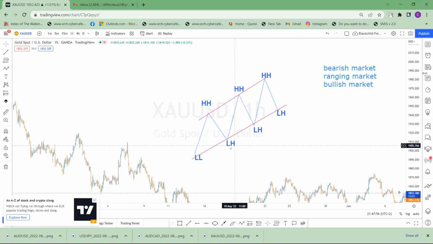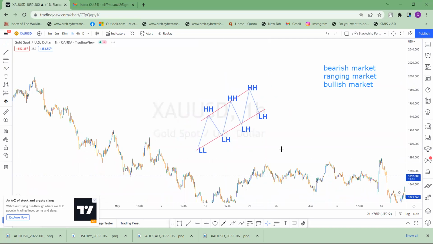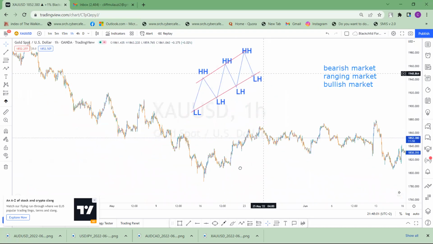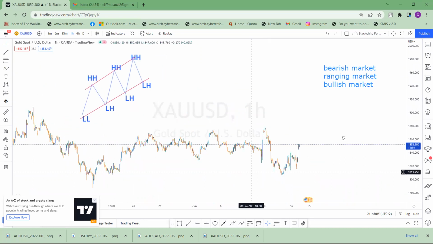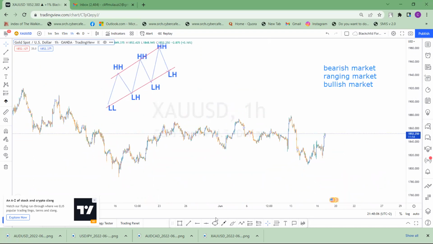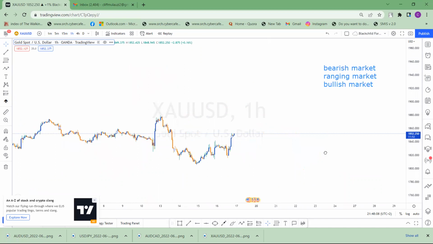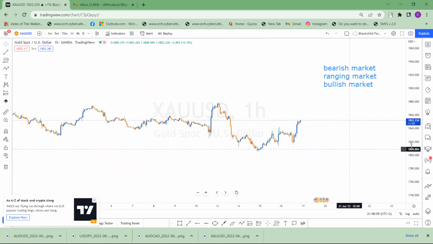I want to show you examples of this bullish market on the chart, how it looks.